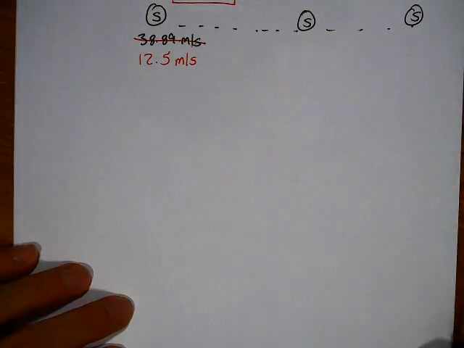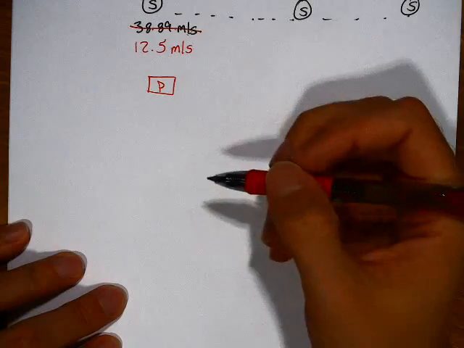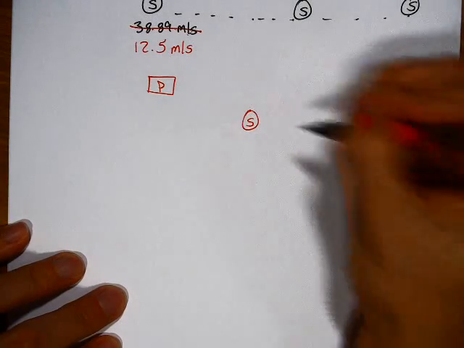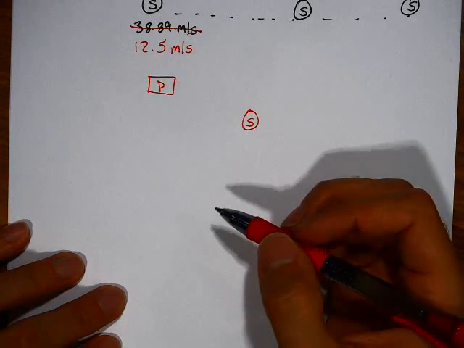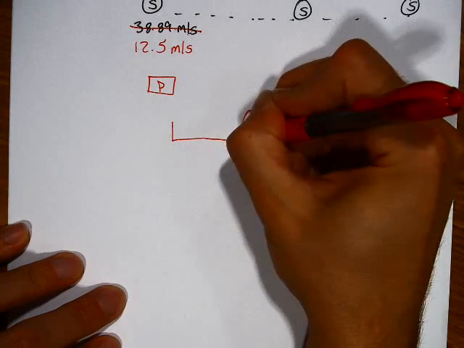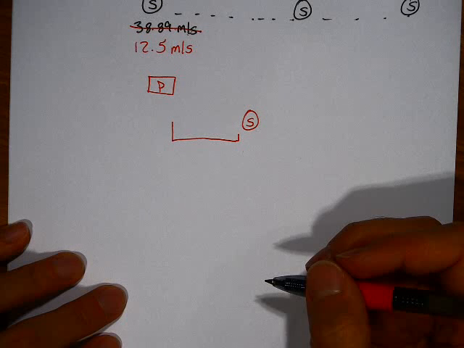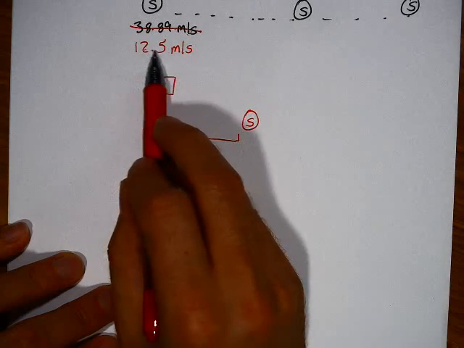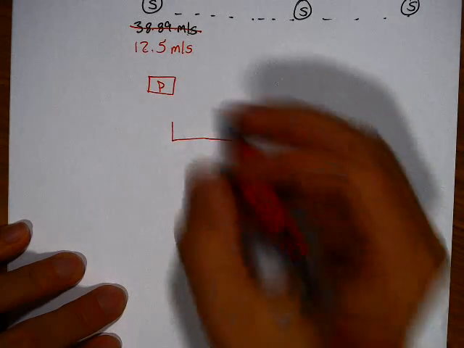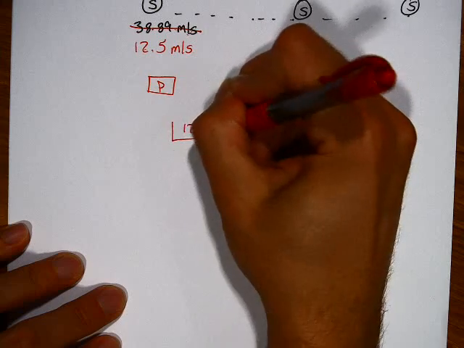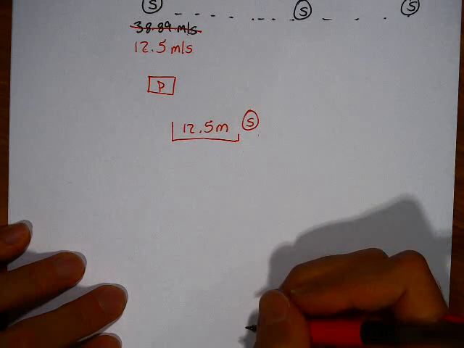I'm going to redraw the picture to try to make it a little bit easier. So here's the policeman. Here's the speeder having already pulled ahead. In that very first second, this much distance opens up. In that very first second, 12.5 meters opens up, because in 1 second, at a rate of 12.5 meters per second, this pulls ahead by 12.5 meters.